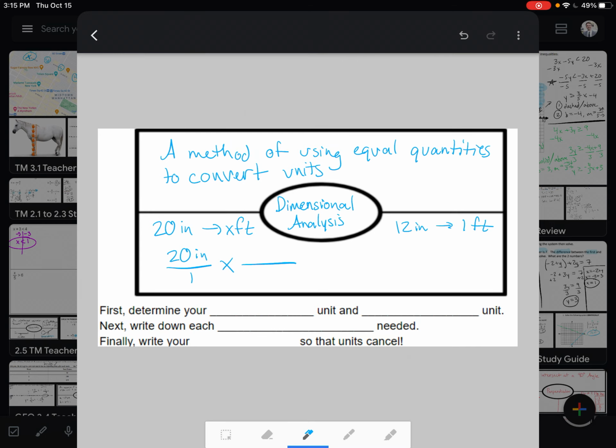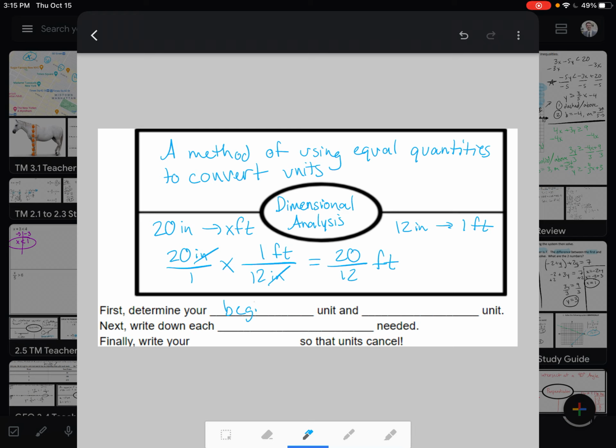So we can multiply by that 1/1 quantity here and put 12 inches here and 1 foot on top. By setting up a question like this, where we have units that cancel top and bottom, we are able to get to 20/12 feet as our only unit. So that's how dimensional analysis works: we're basically canceling units and lining up our multiplication problems carefully to do that.